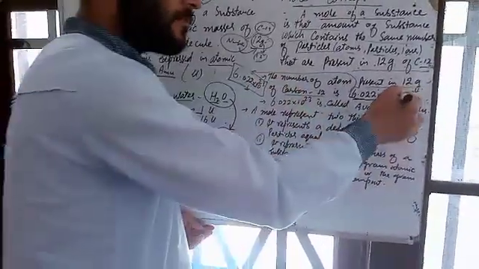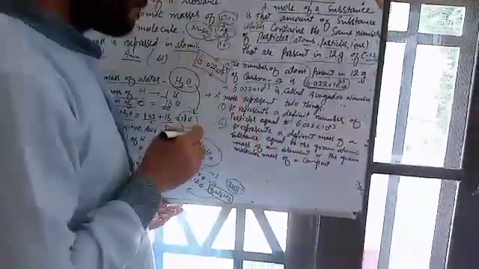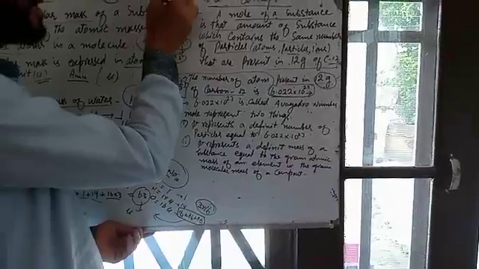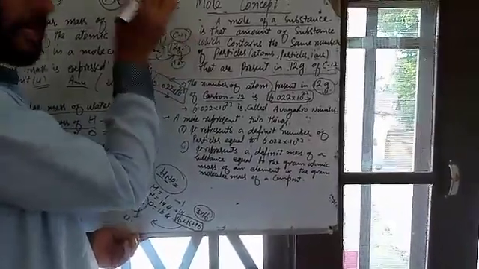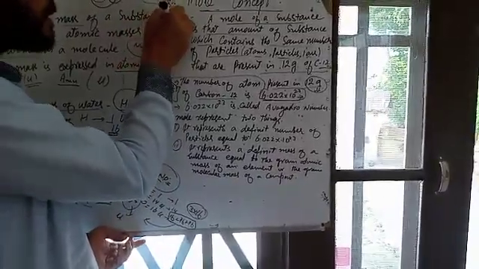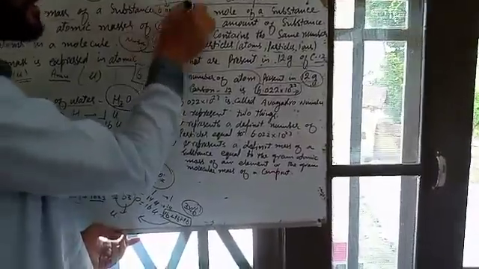And this number is a very big number. It is not a small number. That means 12 grams of carbon, listen carefully, 12 grams of carbon, which is carbon 12, contains 6.022 into 10 raised power 23 atoms.